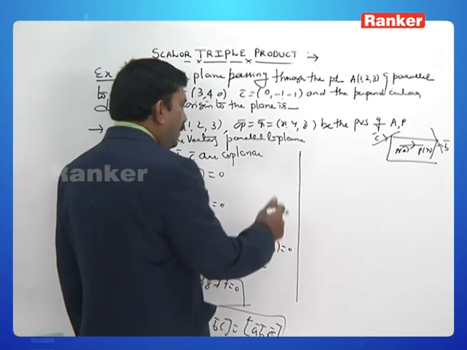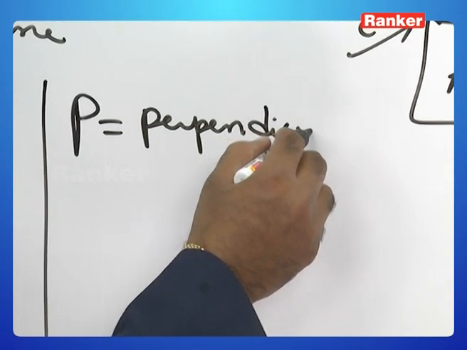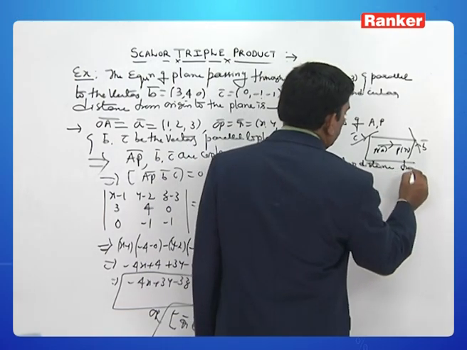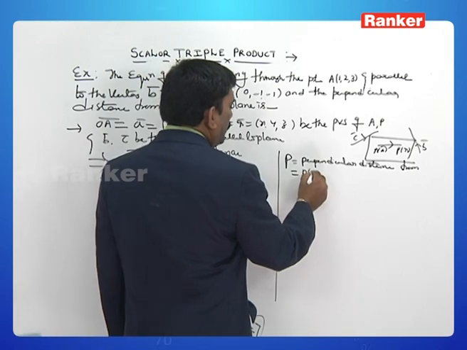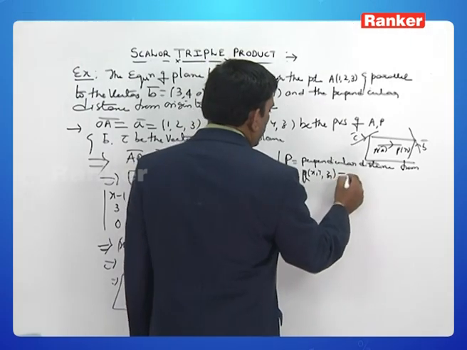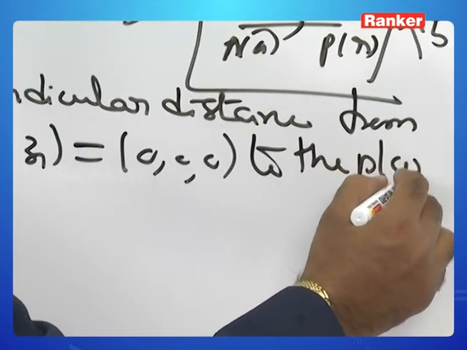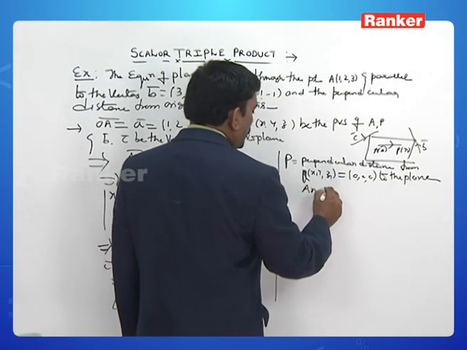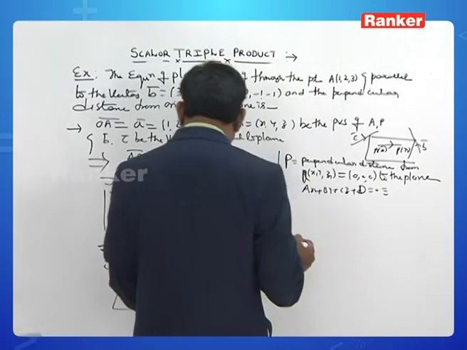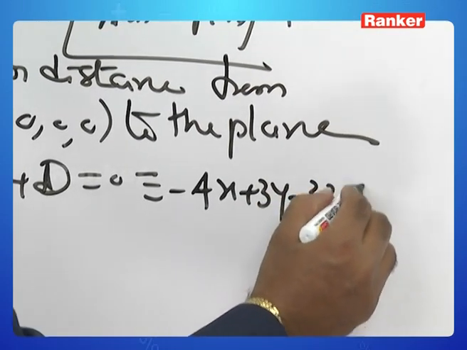So next, I want to find the perpendicular distance from some Q of x1, y1, z1, which is nothing but the origin, to the plane ax plus by plus cz plus d is equal to 0, which is the same as minus 4x plus 3y minus 3z plus 7 is equal to 0.